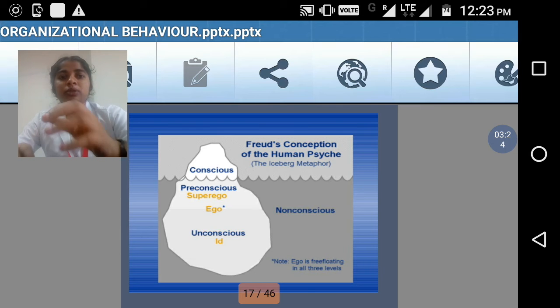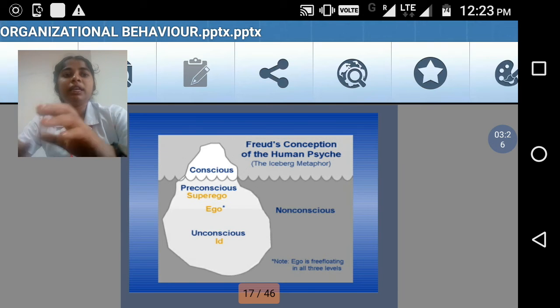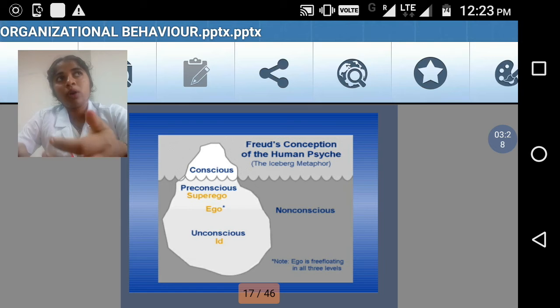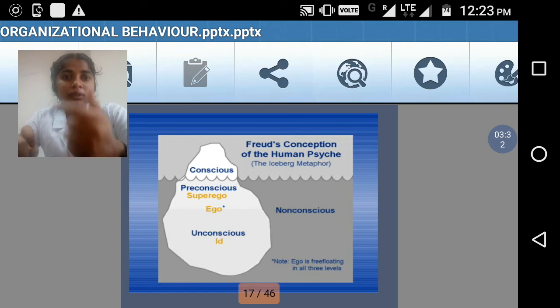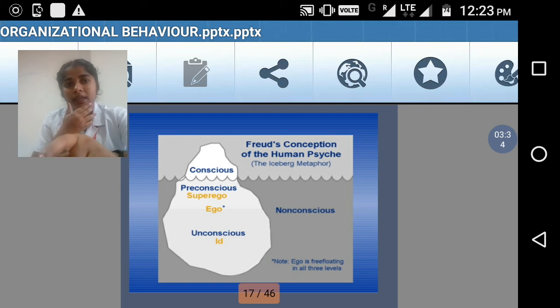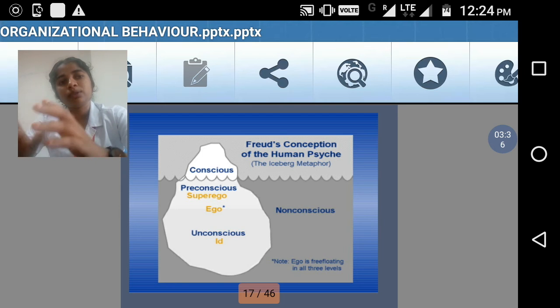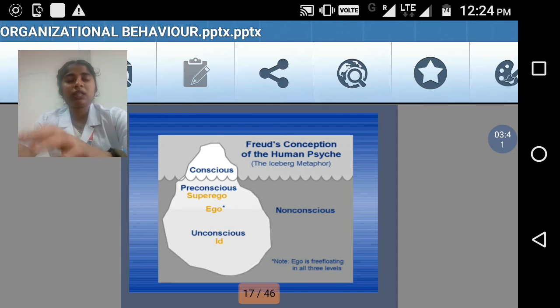Id means whatever the desire is, it wants to get it. Ego needs to think whether we can get it or not, whether that is right or wrong. Superego is always thinking of morality: right means right, wrong means wrong.